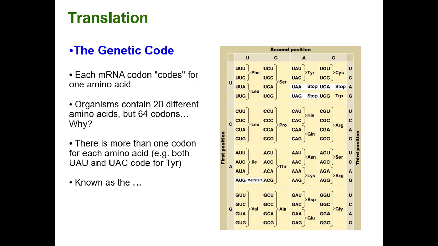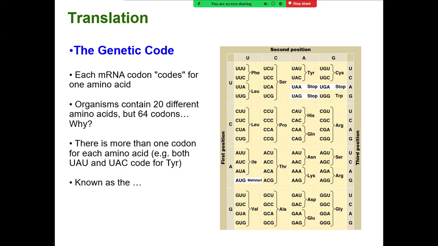Some bacteria do have a different number, but most have about 20. And usually if they have a different amino acid, they just throw one out to replace the one that's put in. So most living organisms have about 20 different amino acids, but there are 64 possible codons.